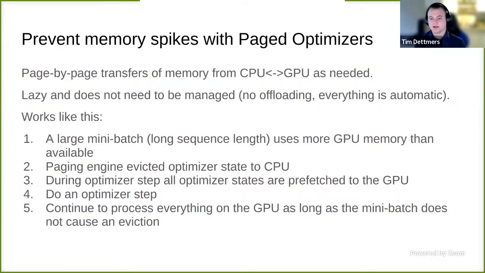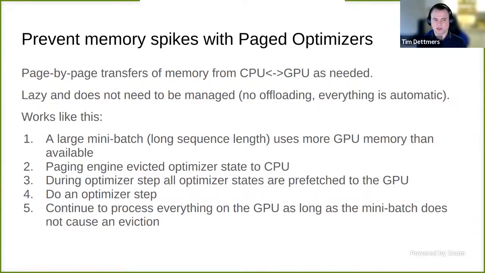This is because the memory is determined by the longest document that you fine-tune on. But often, because there's so much data and everything's pre-processed on the fly, you don't know how long your longest document is. So you will not know if a training run will complete, because you might run out of memory. With paged optimizers, we designed it to prevent memory spikes.